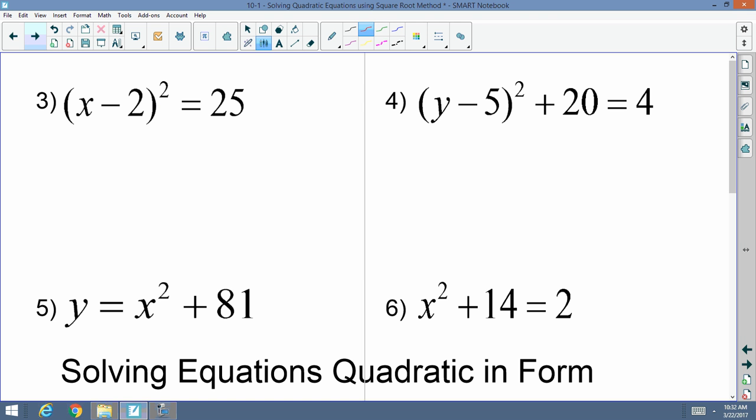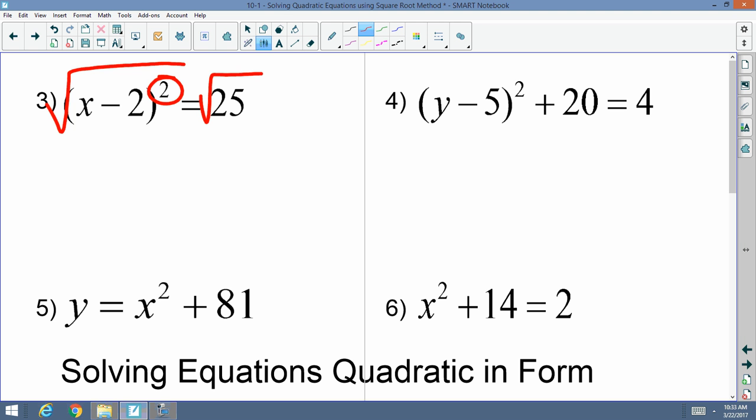How do I get rid of a power of 2, guys? Square root it, yes. It's not radical it. It's not square it. It's not reciprocal it. Learn the vocabulary. In order to cancel out a power of 2, you square root both sides.